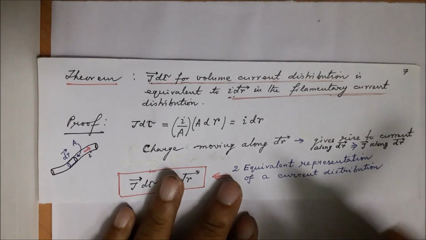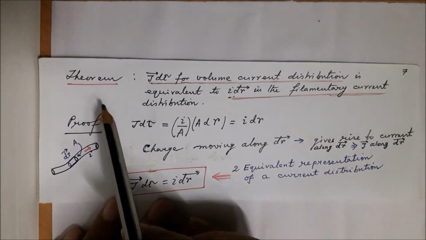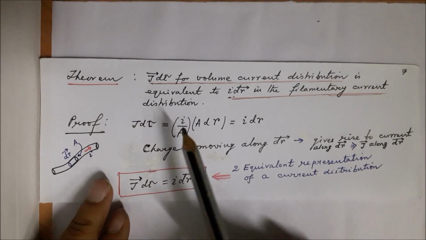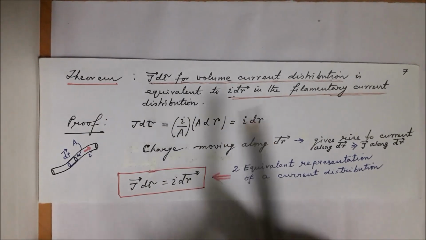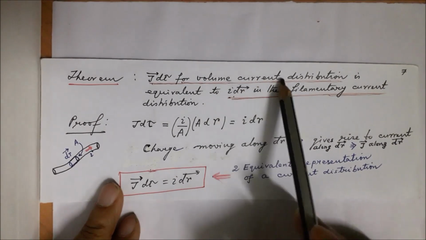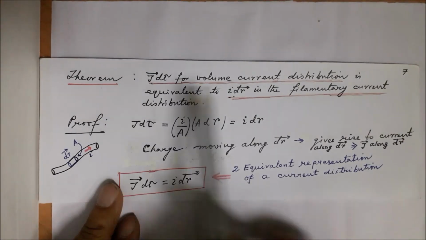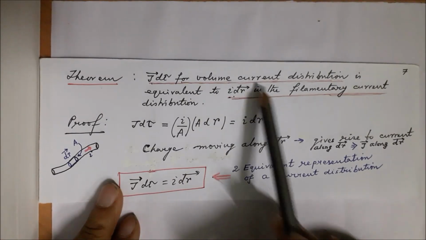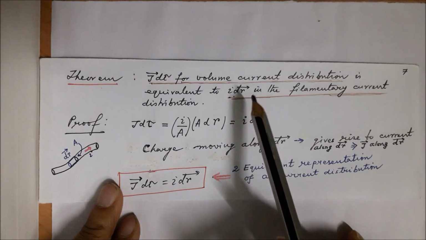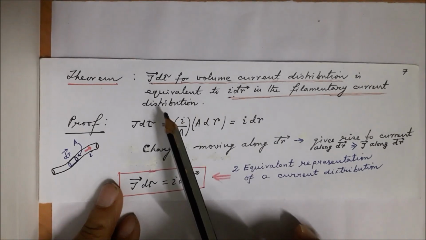Now let us speak of a theorem which states that the two distributions, one was filamentary current distribution, the other one is volume current distribution, are equivalent. Actually, that is what we wish to emphasize at the very outset.